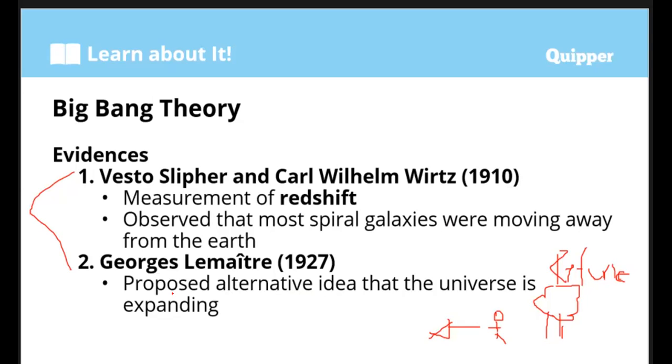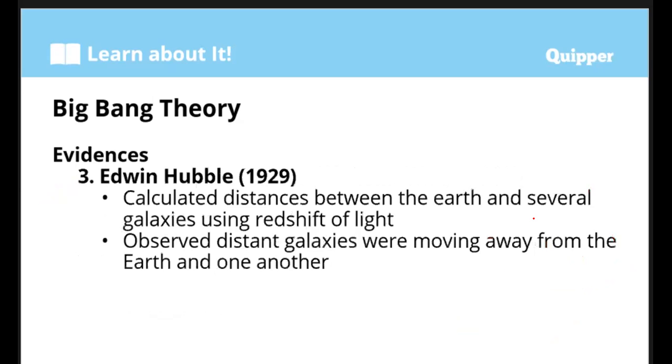Another astronomer was Edwin Hubble in 1929. He calculated the distances between the Earth and several galaxies using the redshift of light, and observed that distant galaxies were moving away from the Earth and from one another.